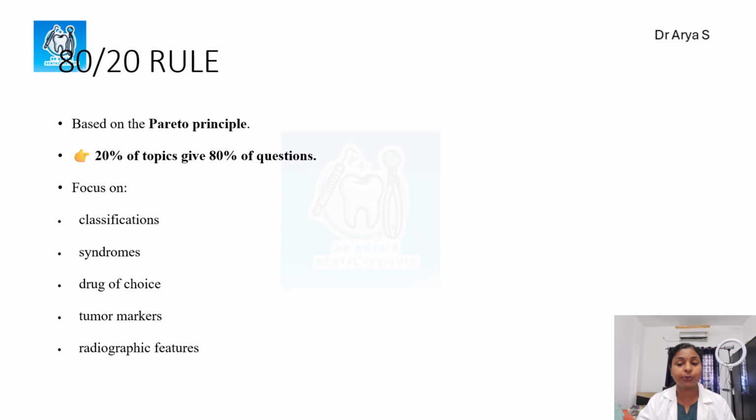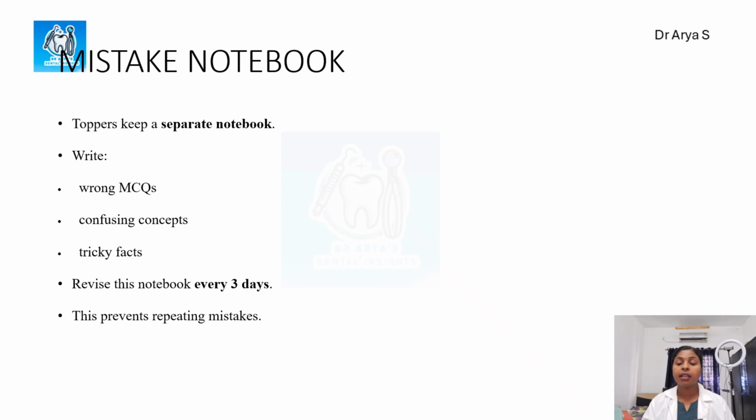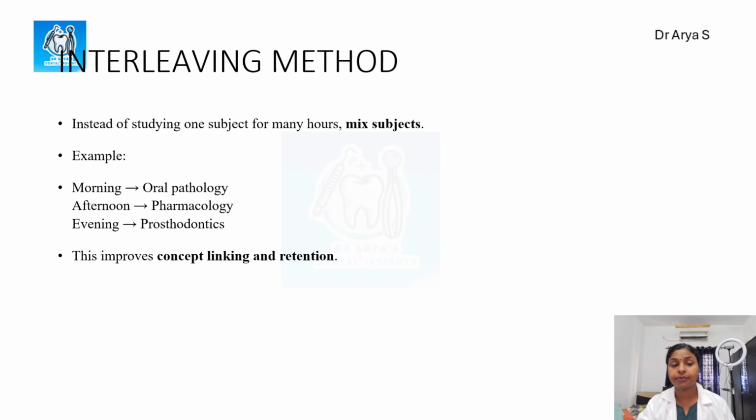So this is the 80-20 rule. Then I have already said mistake notebook. Toppers keep a separate notebook. Write wrong MCQs or confusing concepts or tricky facts and revise this notebook every 3 days. And this prevents repeating mistakes.